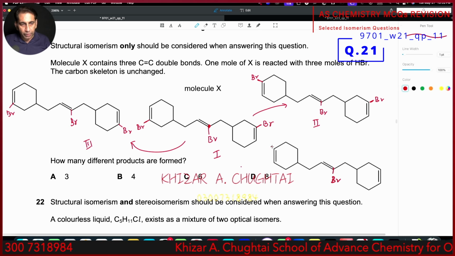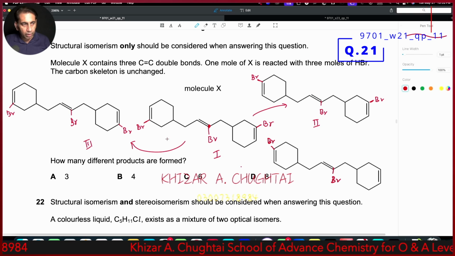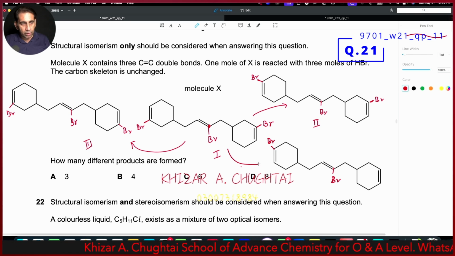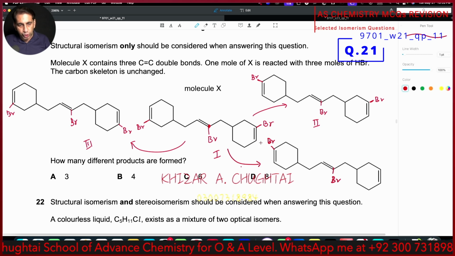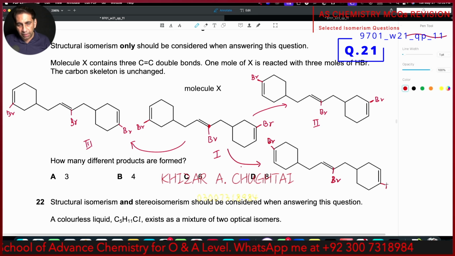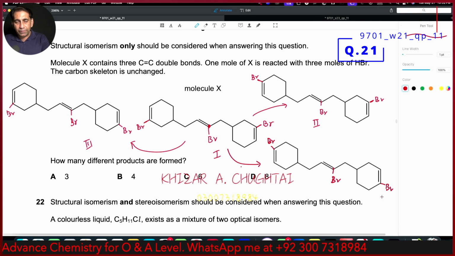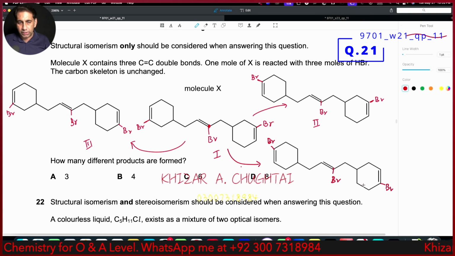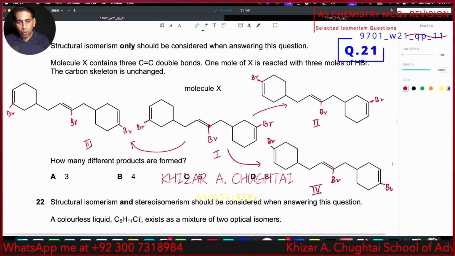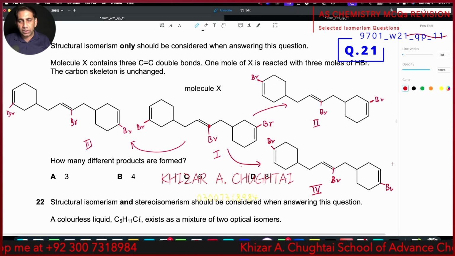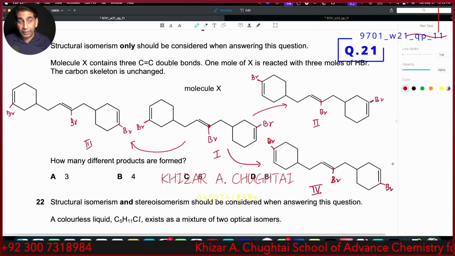I mean, if I mark one Br over here, again starting from the first one, I'm going to switch it at this terminal and switch at this terminal. In this case I have switched both Brs, and you can see that all these structures are not similar. They are different structures.